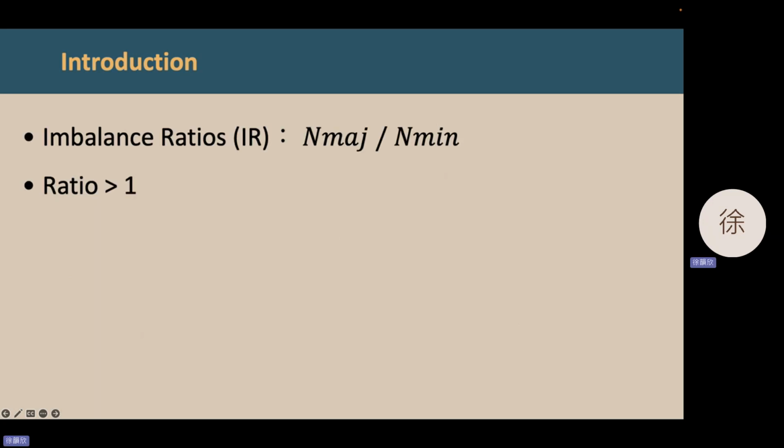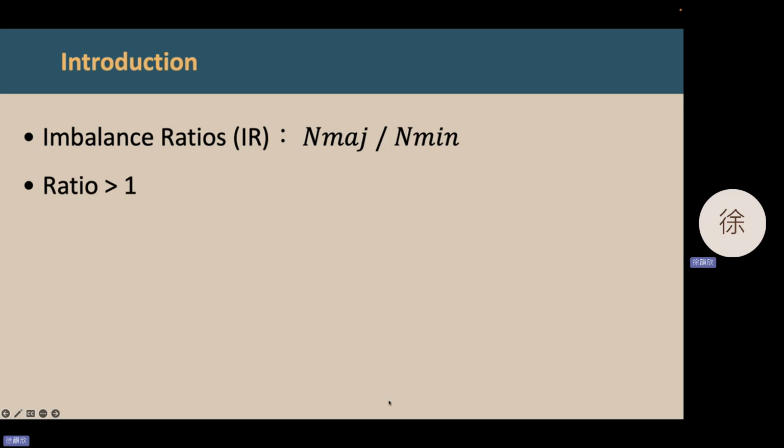So, how is class imbalance defined? It refers to a situation in a data set where the number of instances across different classes is disproportionate, typically with the majority class having significantly more samples than the minority class.